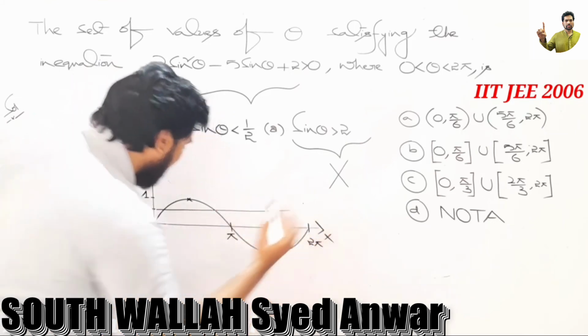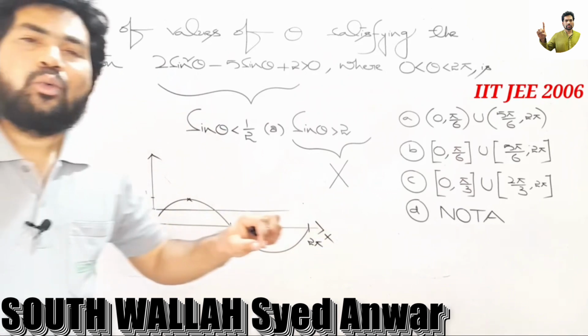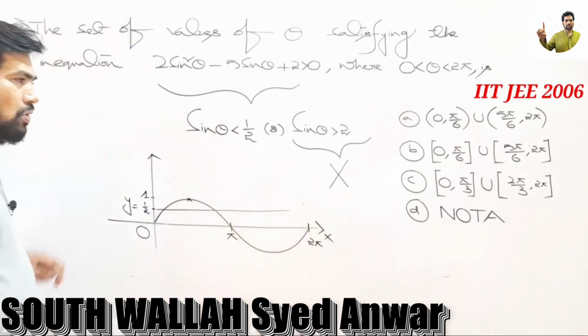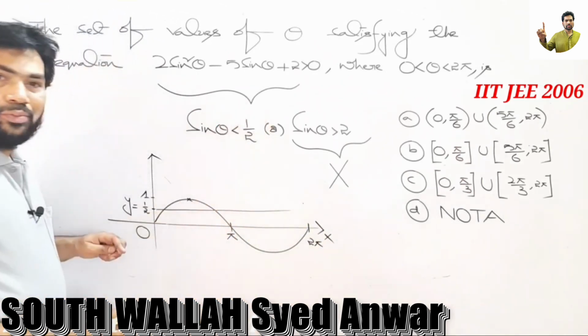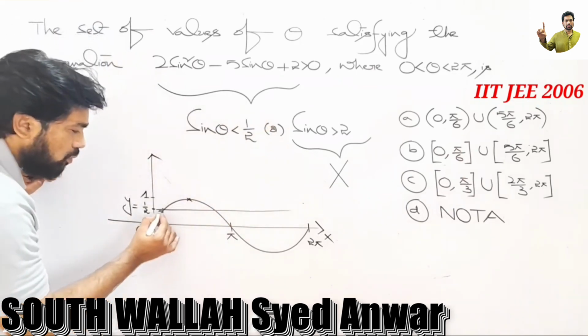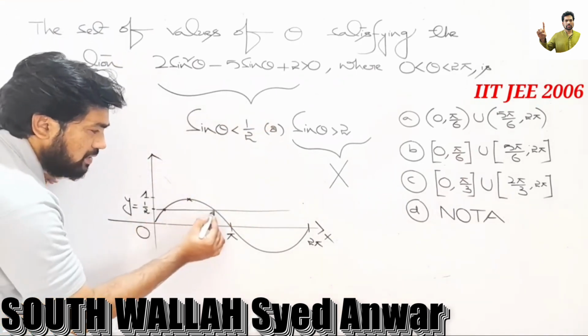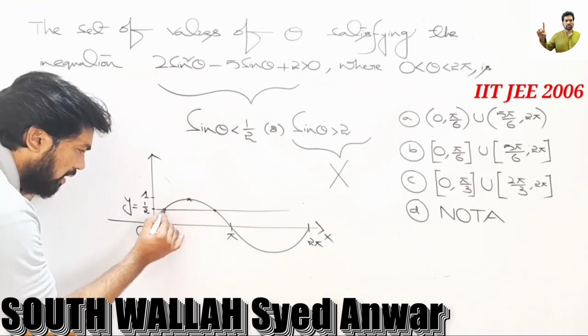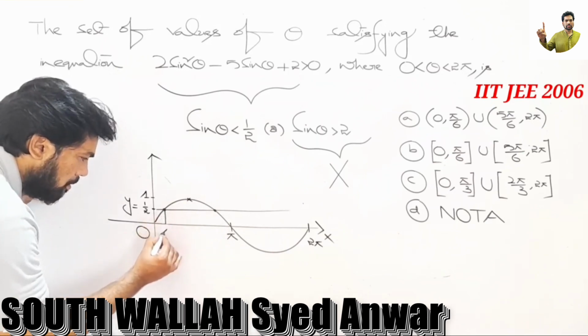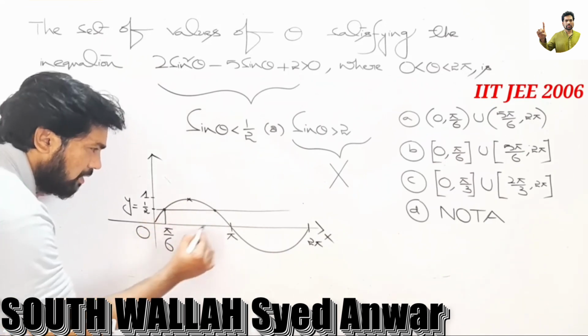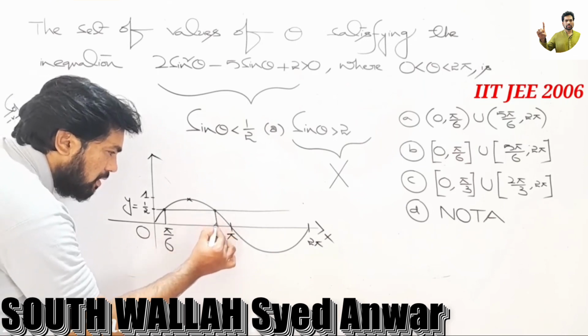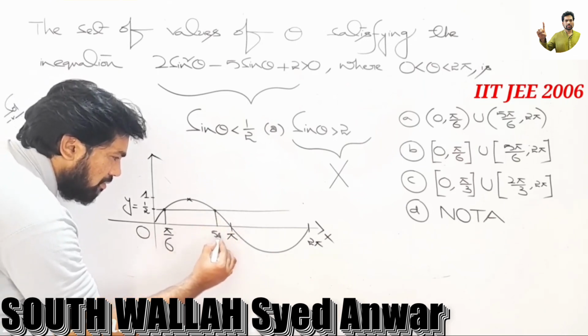Now y is equal to 1 by 2 and the sine theta curve are intersecting at only 2 points in the given interval. First point of intersection I have got pi by 6. Second intersection point would be 5 pi by 6.